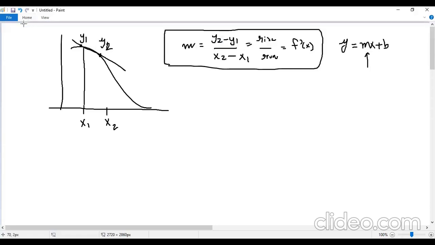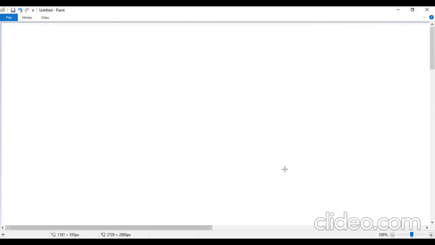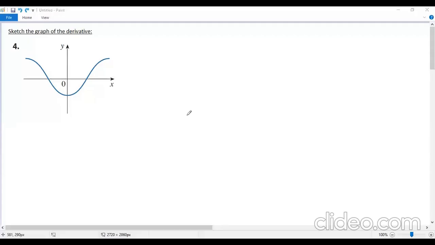So we're going to work on a couple of questions, and we'll try to consolidate what we've learned regarding derivatives and different questions and their applications. Our first question here is to sketch the graph of the derivative.